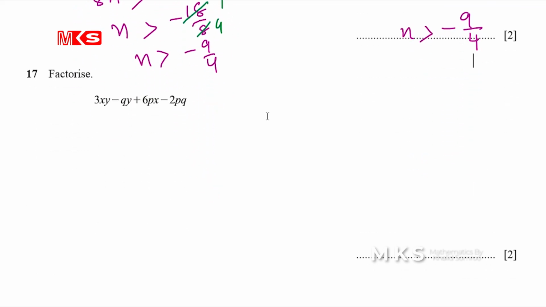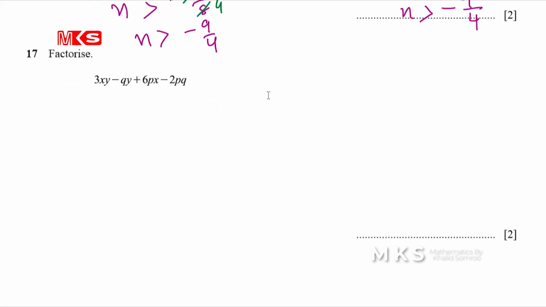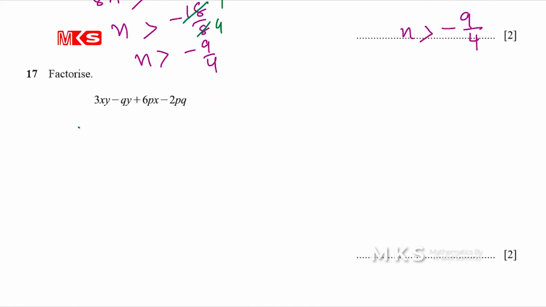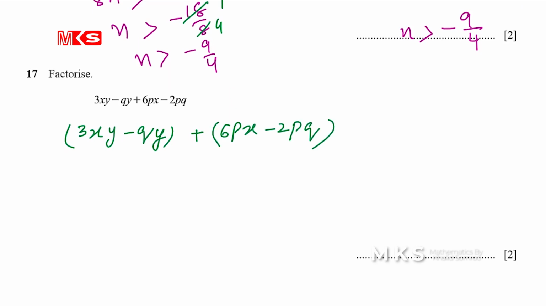Then question number 17, factorize. 4 terms are given. The 4 terms mean we will do grouping. 3xy minus qy, make this one group. Another group is 6px minus 2pq. So we can take y common from the first group, leaving 3x minus q.